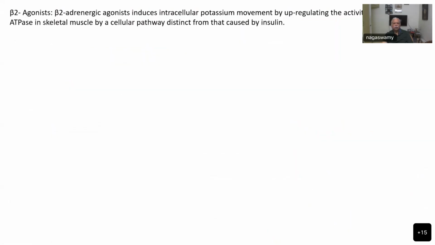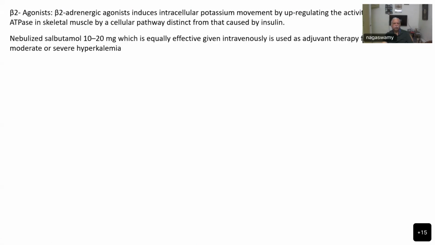Then beta 2 agonists are given more as a nebulizer. It's not available as a parenteral preparation. So 10 to 20 milligrams of salbutamol is equally effective as intravenous.